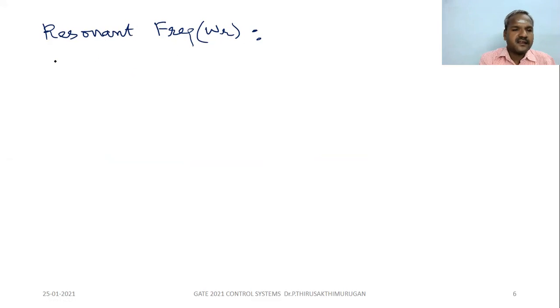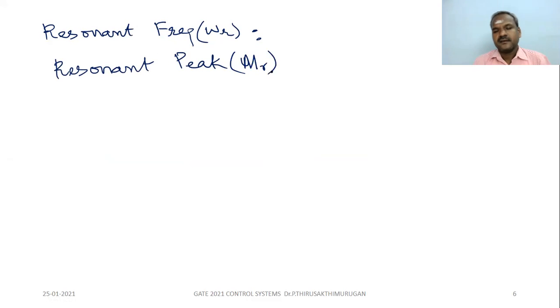Then resonant peak. What is resonant peak? MR. In the time domain it is called peak overshoot; here it is called resonant peak.